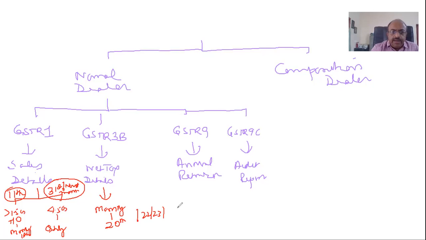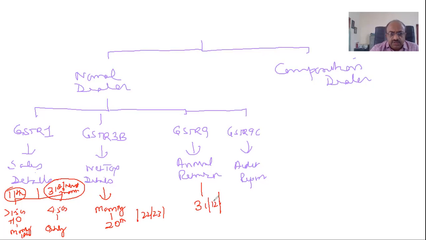Okay, and GSTR 9 theoretically is 31/12. Sorry, yeah, 31/12 from that year end.